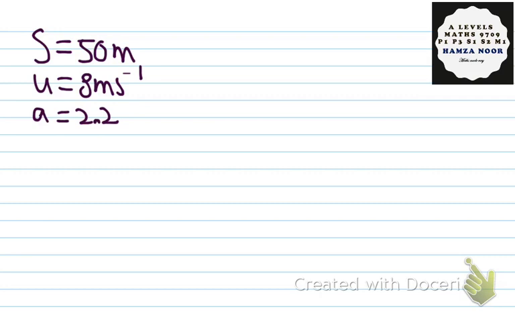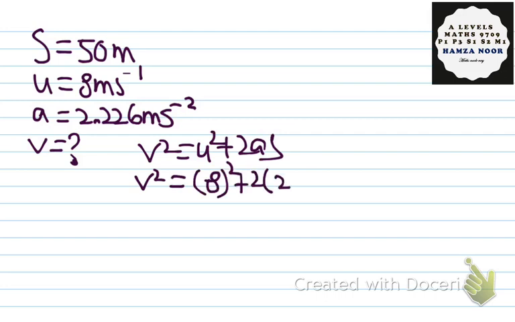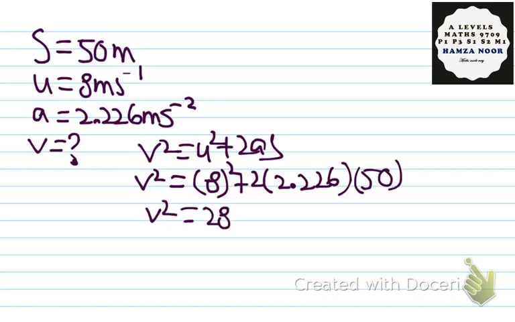The acceleration is 2.226 meters per second squared, and the final velocity is unknown, so we apply the equation v squared is equal to u squared plus 2as. This goes like this: 8 squared plus 2 times 2.226 multiplied by 50, so v squared is equal to 286.6, and v is equal to 16.9 meters per second.